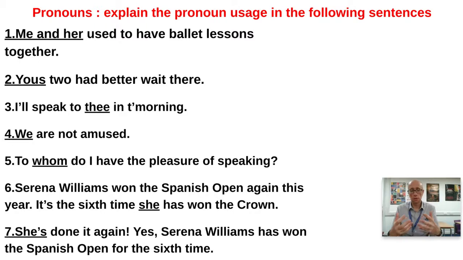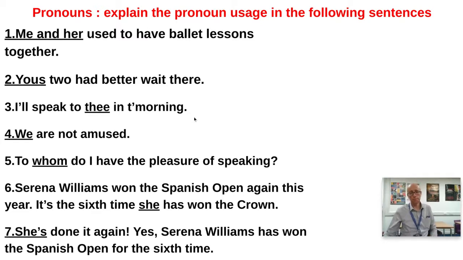And for the plural form of the pronoun, you would go ye for the subject form, you for the object form and your for the possessive. So thank goodness English has simplified over time.